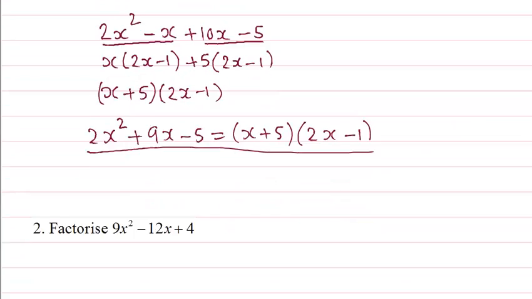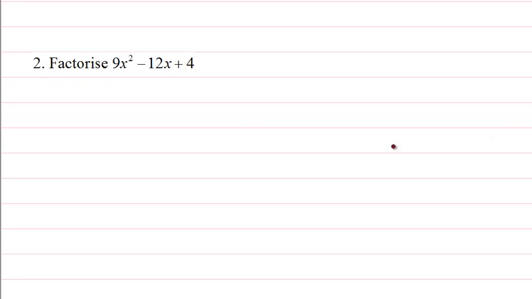Now we do example 2. Now this time a is 9, b is minus 12, and c is 4. So always a times c, 9 times 4 is 36. Now we're looking for factors of 36 which add up to minus 12.